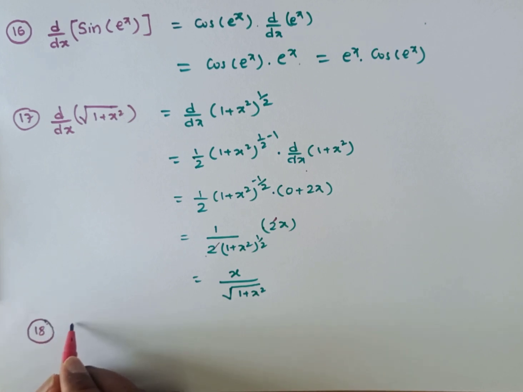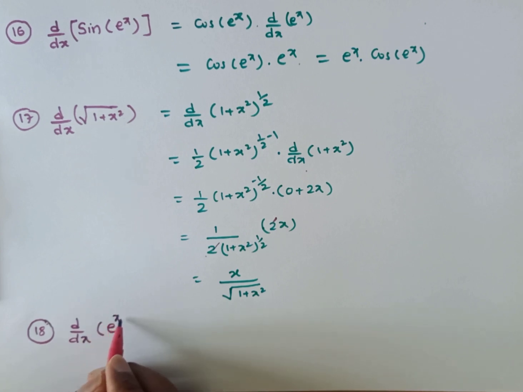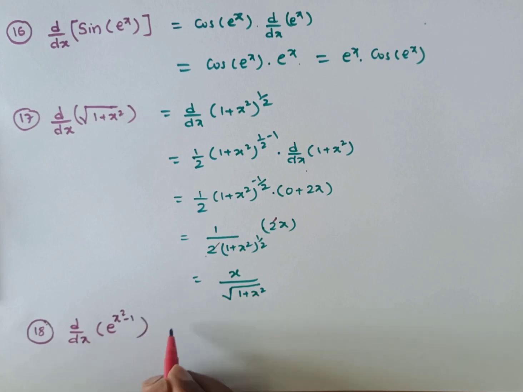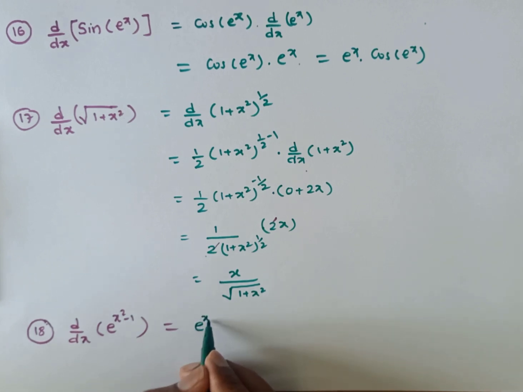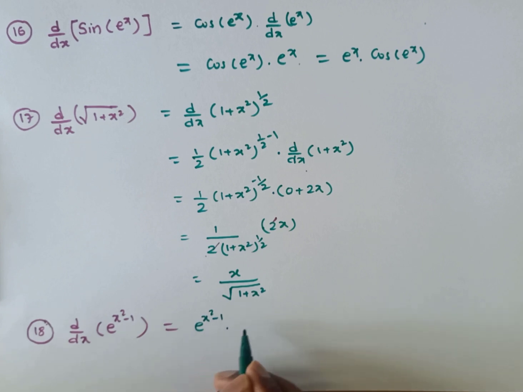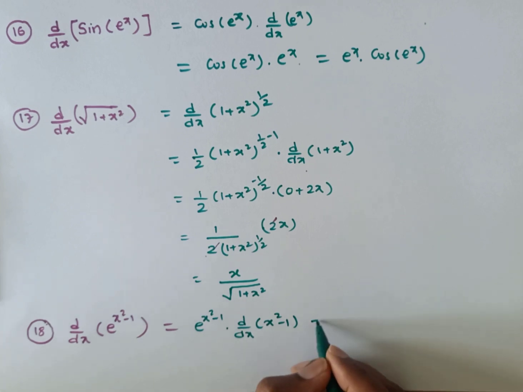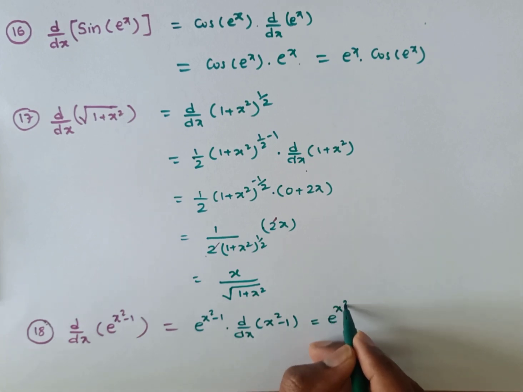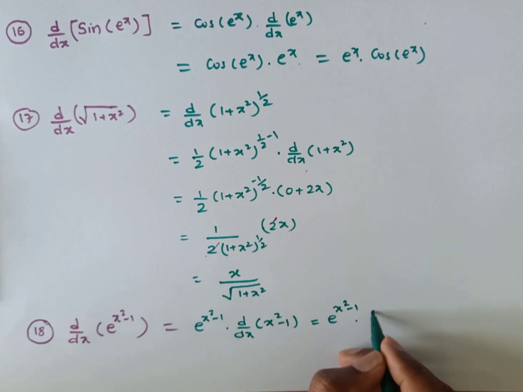Now let's take d by dx of e to the power of x square minus 1. See how to apply this. It is in the form of e power x, and the derivative of e power x is e power x, so here e power x square minus 1 into the derivative of x square minus 1.